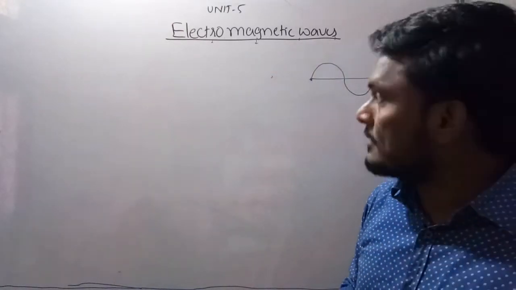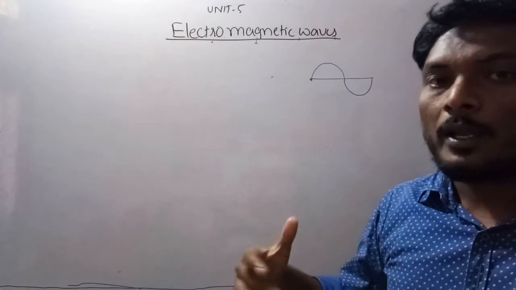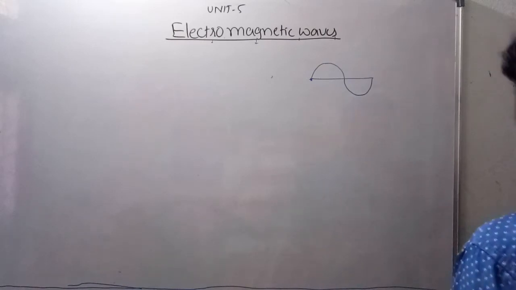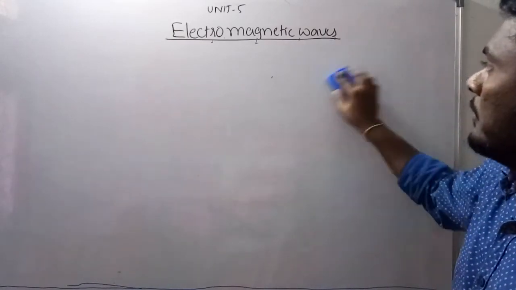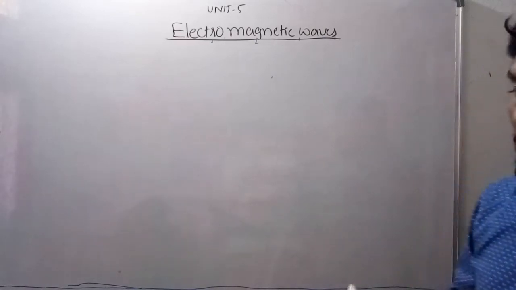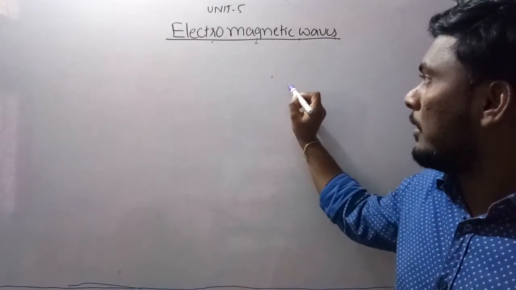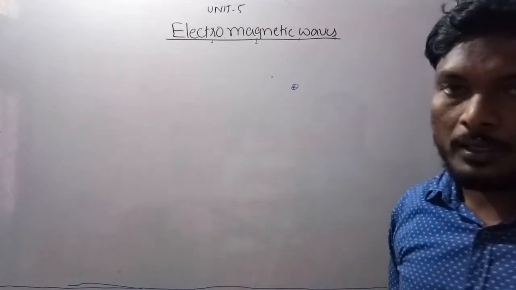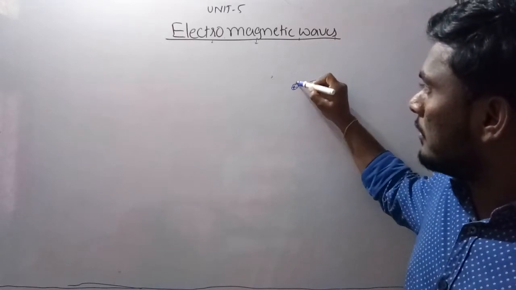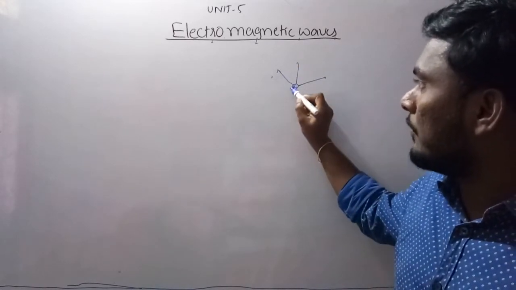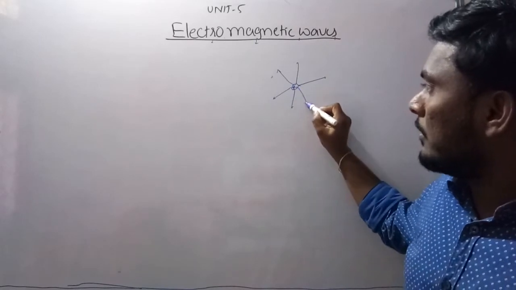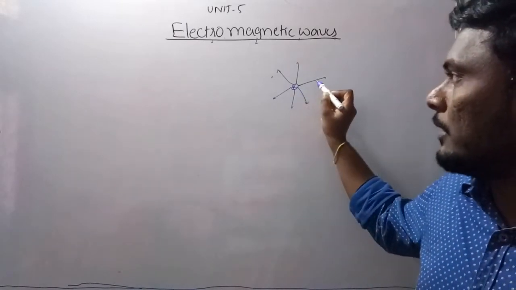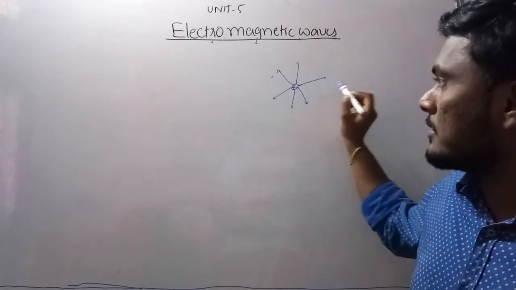Now we will see how these electric and magnetic waves propagate in transmission lines. Suppose you take a cable or transmission line or conductor with a charge. For a positive charge, the electric field lines diverge from its location. Under a static position, the field produced by a static charge is called a static electric field.